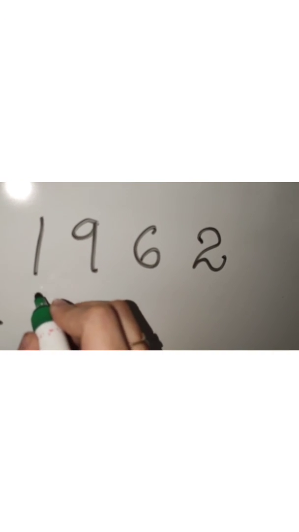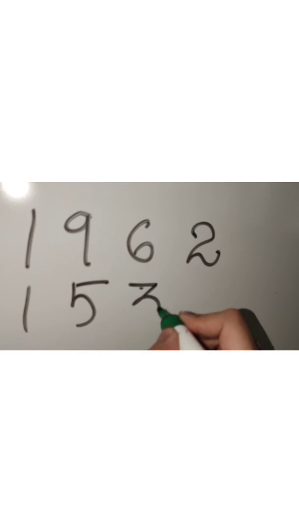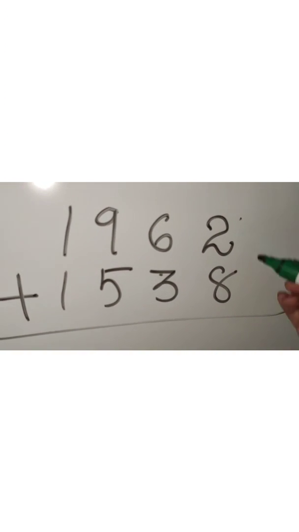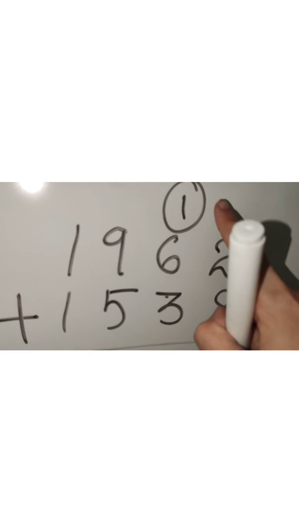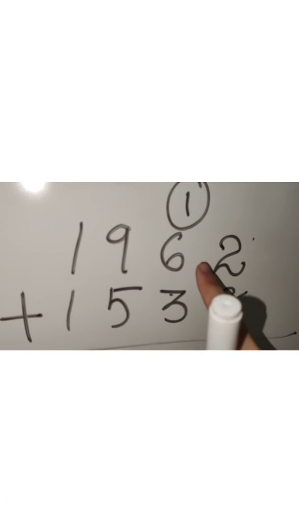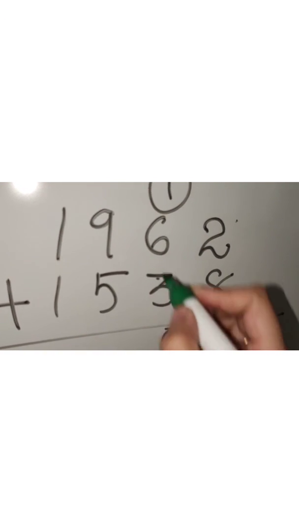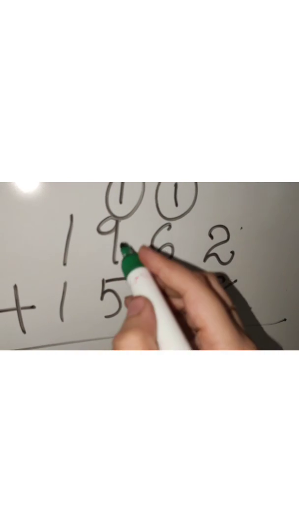1962 plus 1538, right? We know that addition we are going to start with this one. So 2 plus 8, 10. 1 carry over 2. Next 1 plus 6, 7. 7 plus 3, 10. Carry over. 10 plus 5, 15.